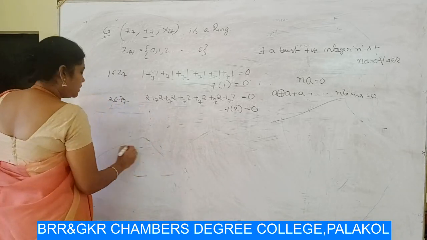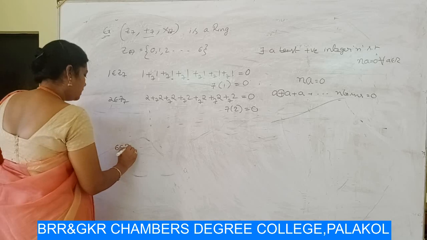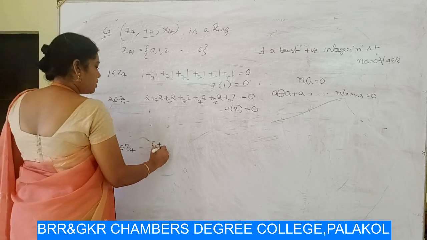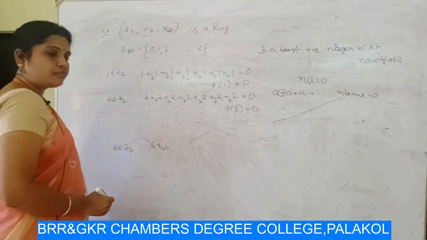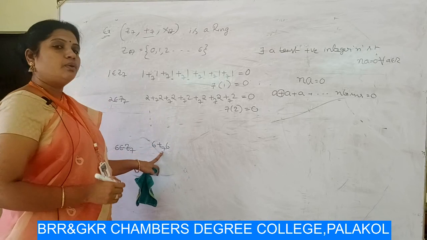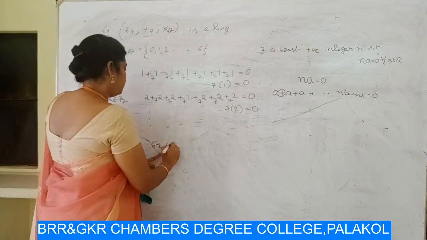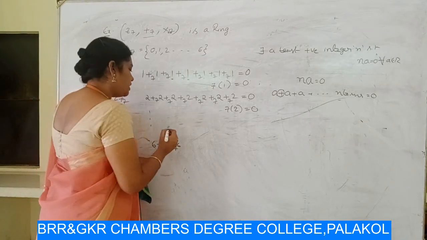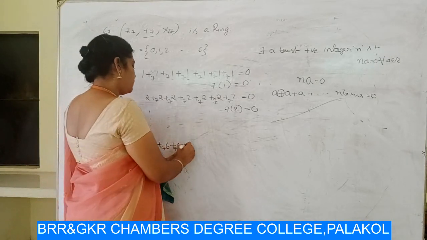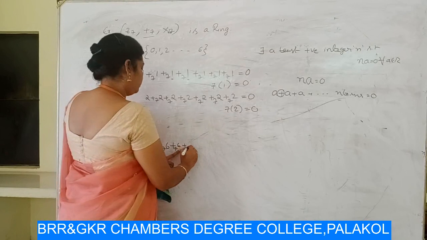Now I conclude with 6, which belongs to Z7. 6 plus 6 is 12, and 12 divided by 7 gives remainder 5. Again we add 6: 5 plus 6 is 11, remainder 4.